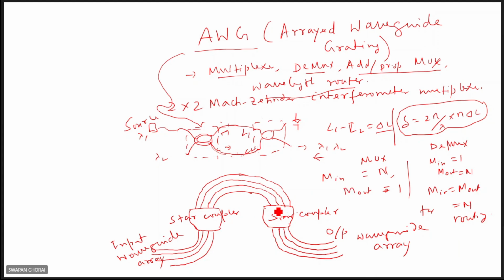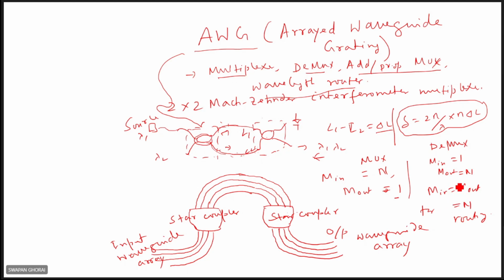For a multiplexer, the inputs can be N in number and the output will be one; only one output port will be effective. For a demultiplexer, the input will be one and the outputs can be N.